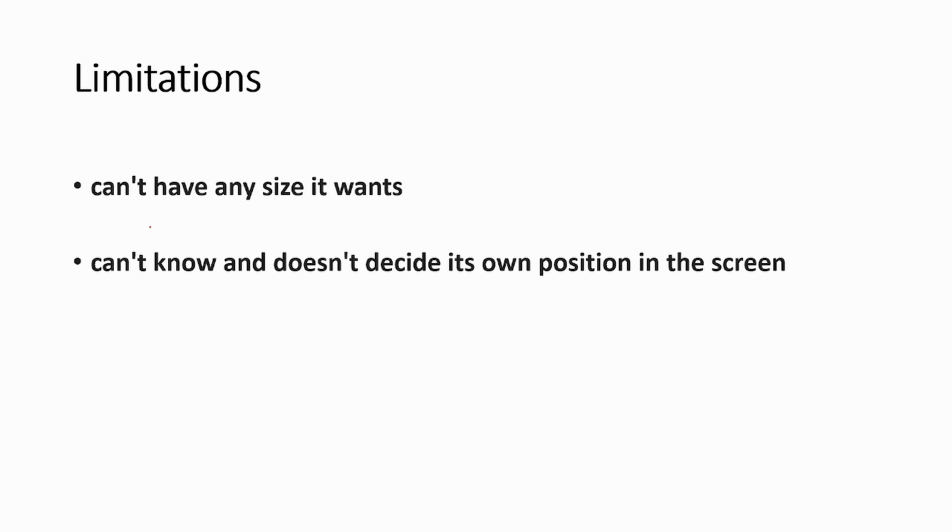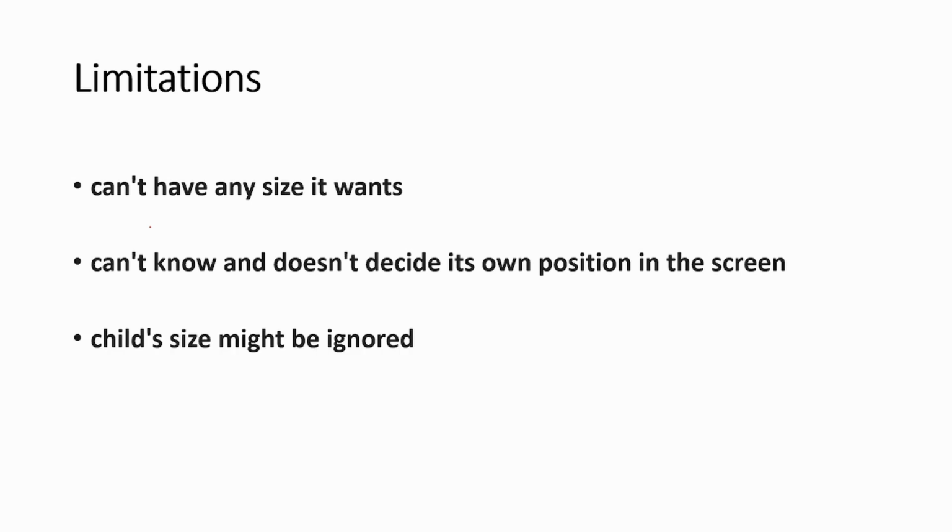The parent will also be a child of some other parent widget, so we can't say this widget decides these constraints or the position unless we look at the widget tree as a whole. There will always be a root widget which will have its own child widgets, and the constraints will keep coming down.